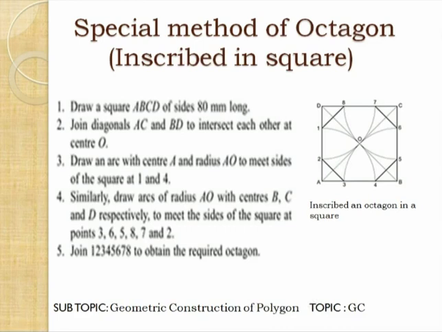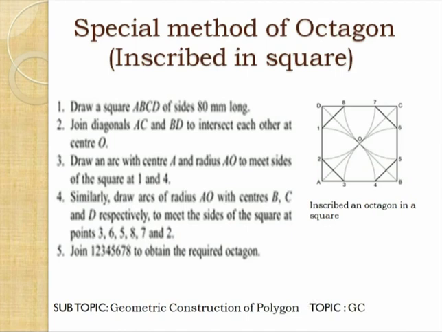So first of all take center A and draw an arc passing through the center of the square O. Again take center C and draw the arc with the same radius passing through the center O. Then take center B and draw an arc of the same radius passing through point O, and take center D and draw another arc with the same radius passing through the center O.